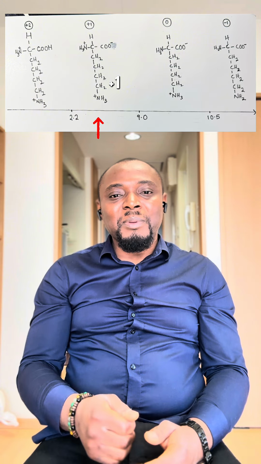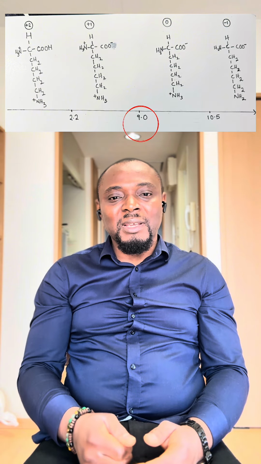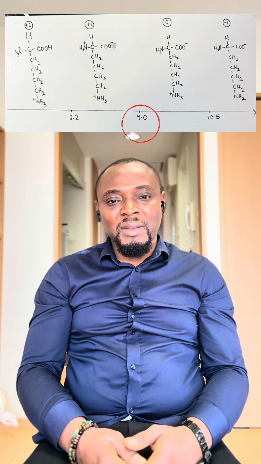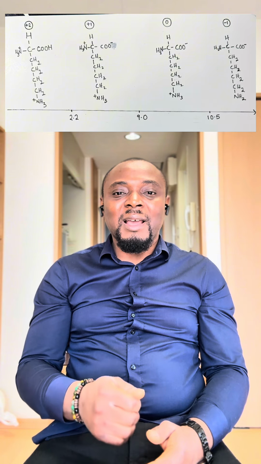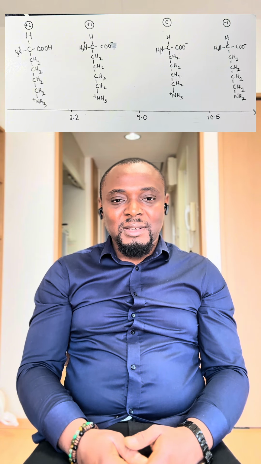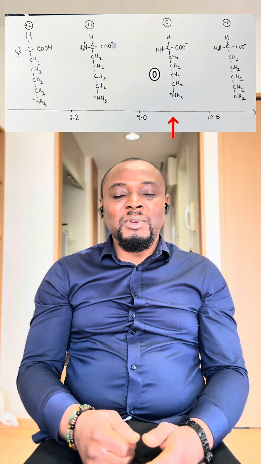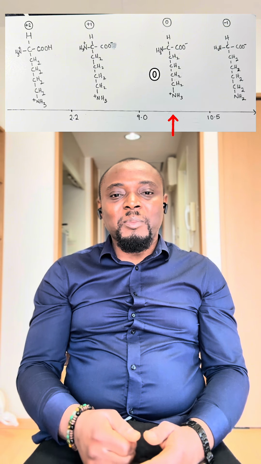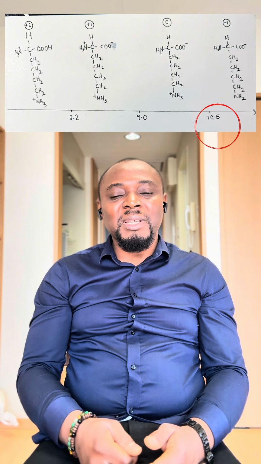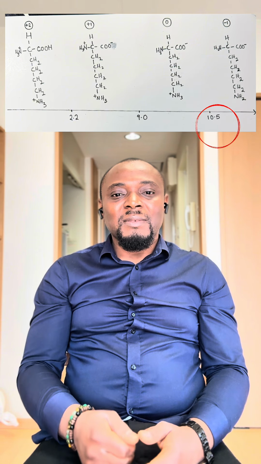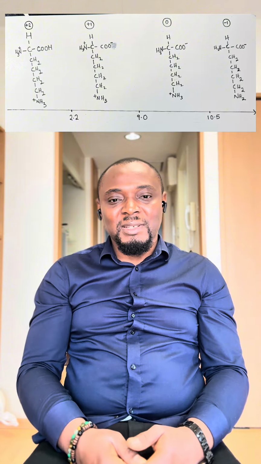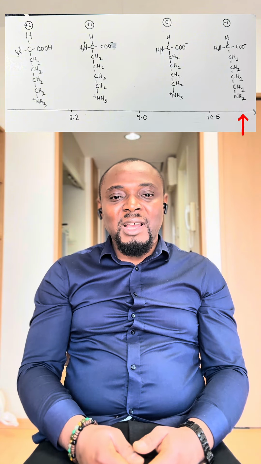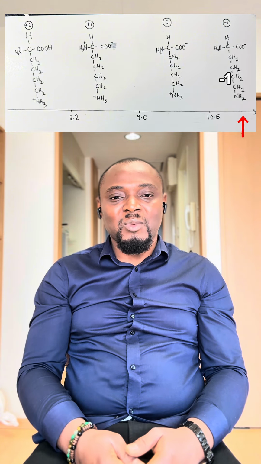By the time the pH reaches the next pKa value, which is the second pKa value, another ionization takes place and the net charge becomes 0. And when the pH reaches the third pKa value, the third ionization takes place and the net charge of lysine becomes -1.